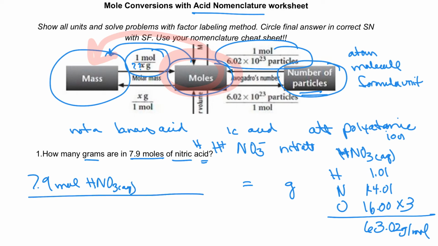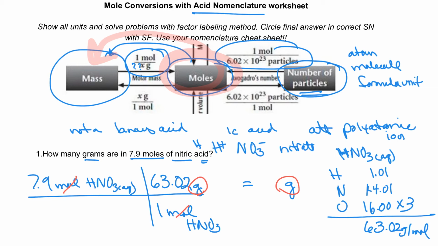Then I'm going to convert using the molar mass. I want 1 mole on the bottom. So 1 mole of HNO3 is going to weigh 63.02 grams. I see that my moles cancel, and I end up with grams, and I want grams.